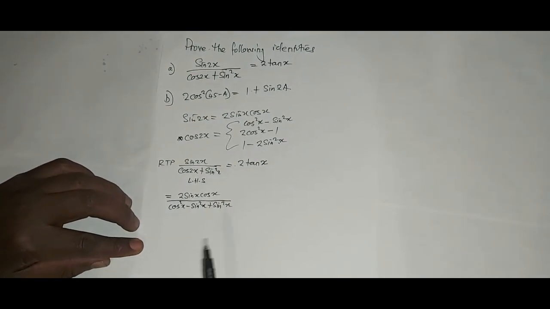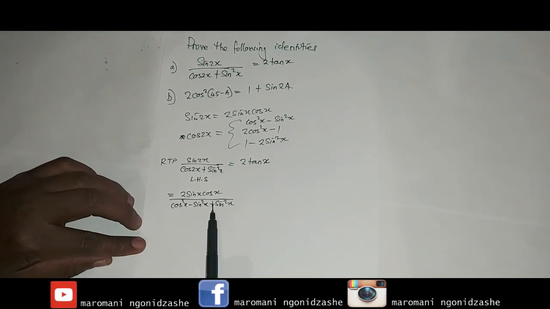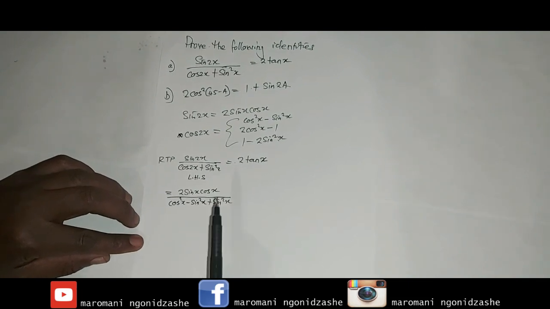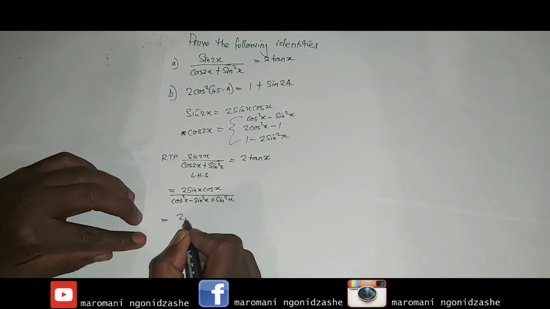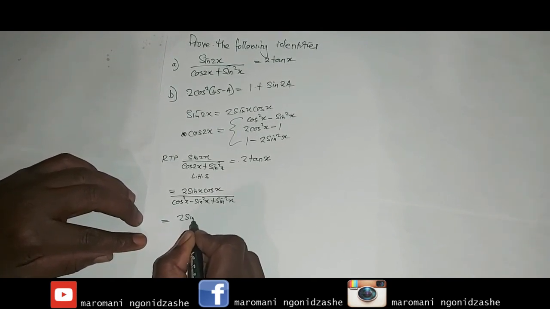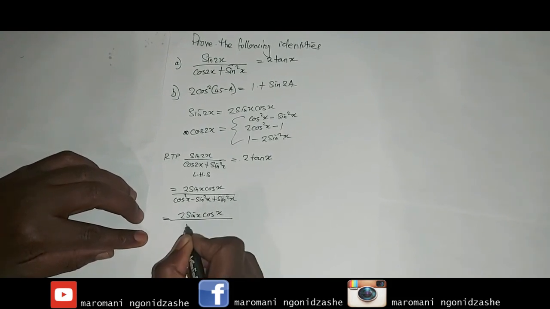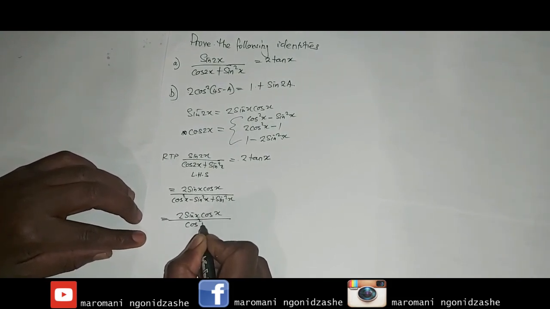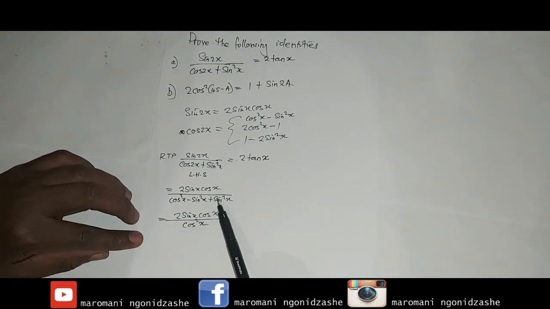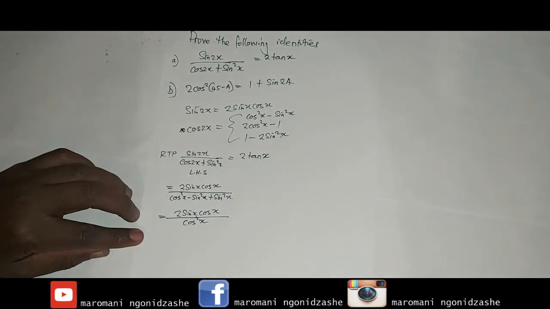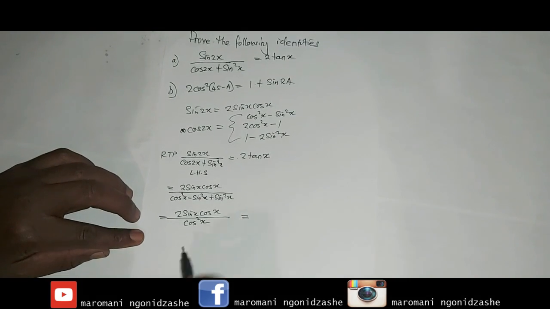Then from there, can you see that now it's minus sin squared plus sin squared, which gives us zero. So the numerator is 2 sin x cos x all over cos squared x. Can you see that here? Minus sin squared plus sin squared is 0, so I'm left with cos squared on the denominator.